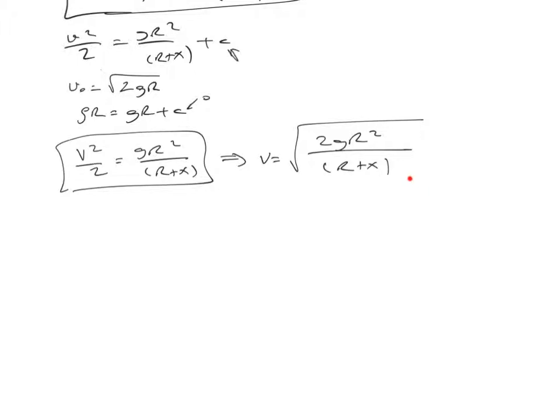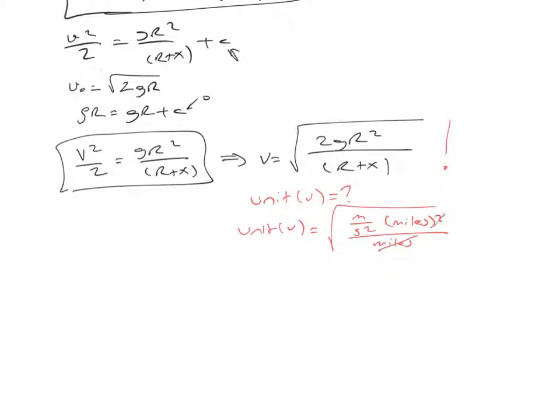And here it comes to the point where I would like to emphasize. Let's look at the unit of v. The unit of v is equal to the square root of g, which is meter per second squared, times R squared, which is miles squared, over R plus x, which is miles.